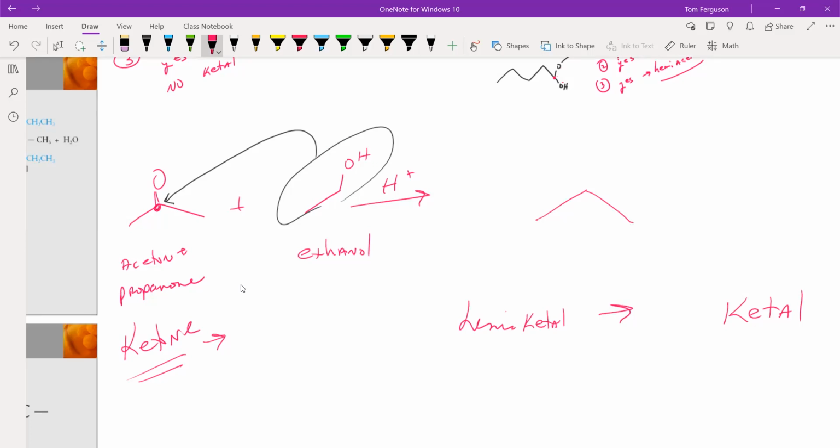So this is a 2-carbon alcohol. And the first step is a hemi, that means there's an OH here.